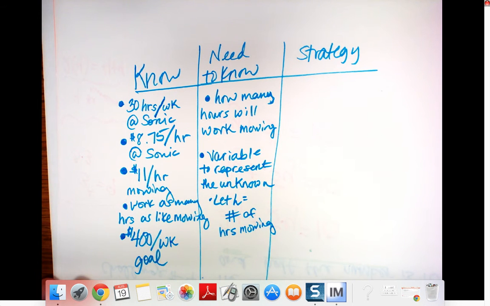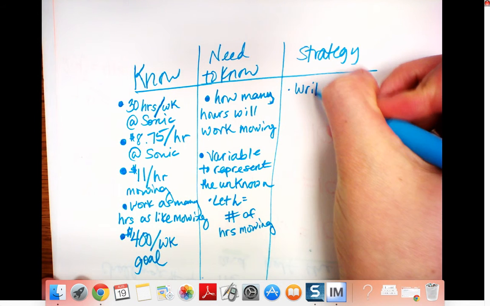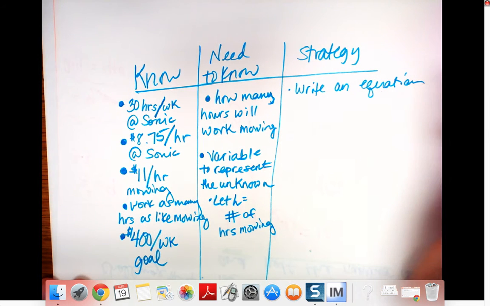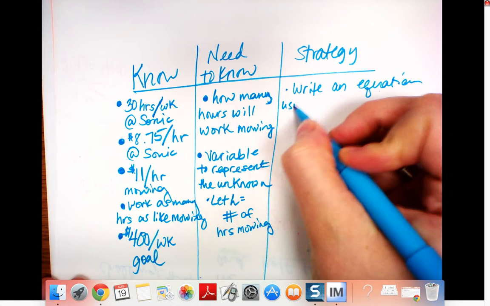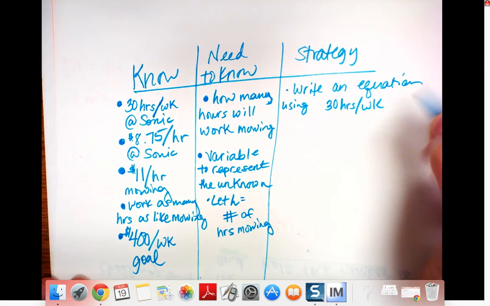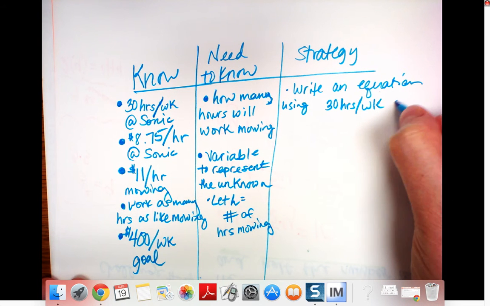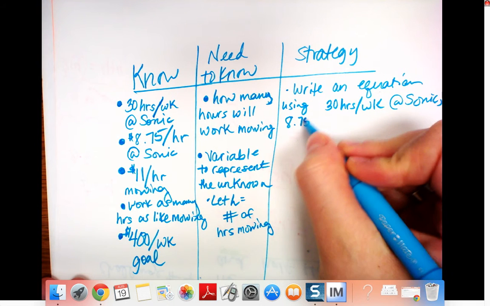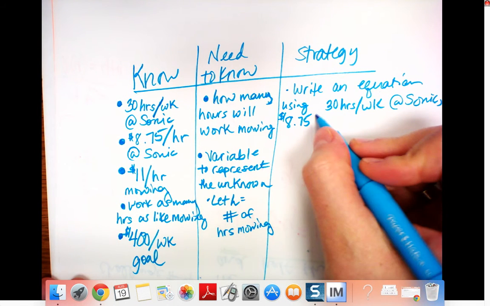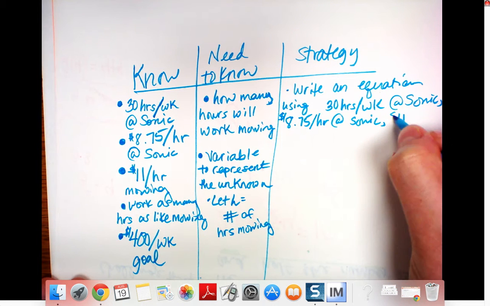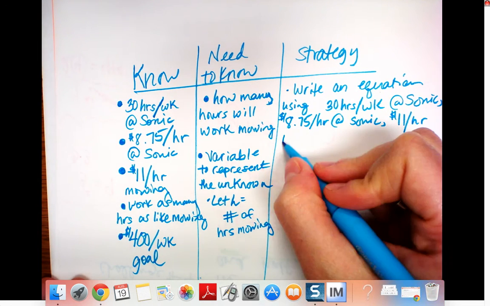All right. So our strategy will be to write an equation using 30 hours per week at Sonic, $8.75 per hour at Sonic, $11 per hour mowing.